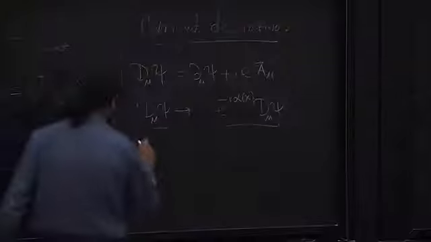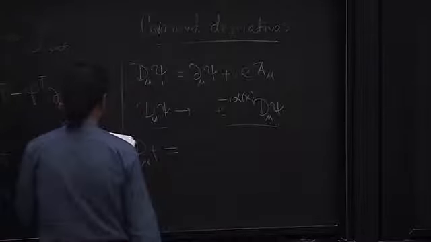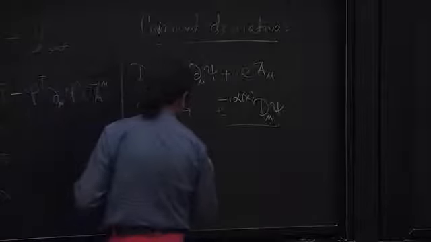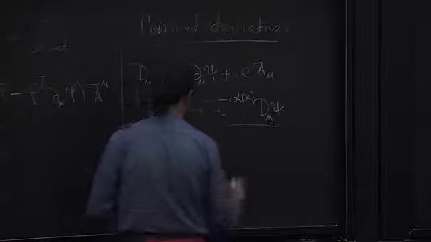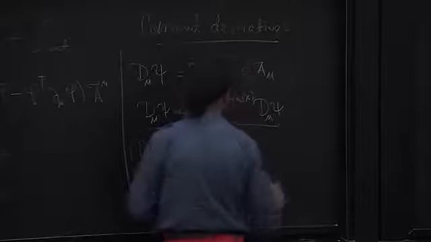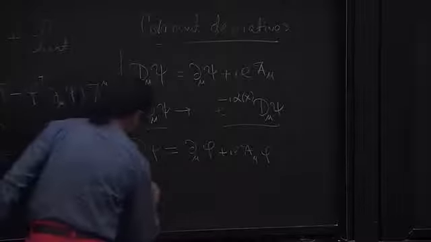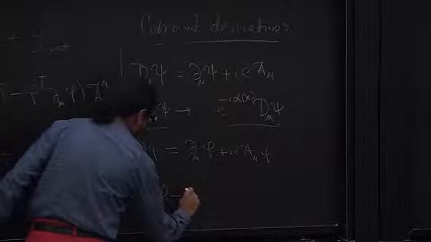And similarly, if we define a covariant derivative for the scalar field, again we get under a gauge transformation this.